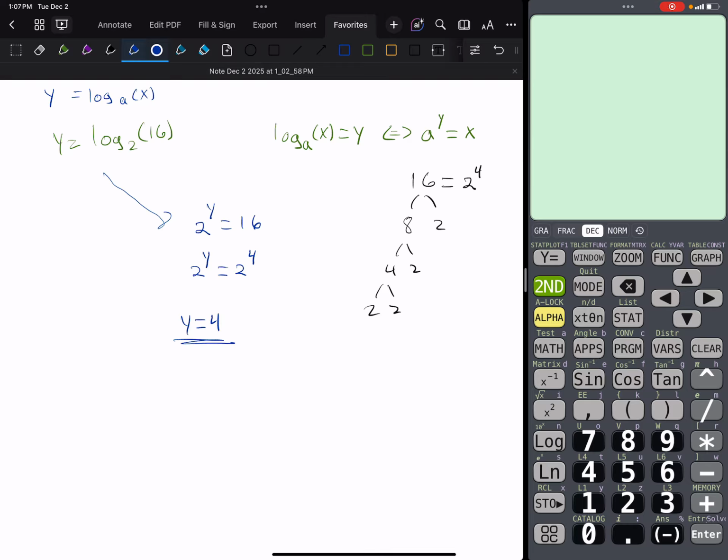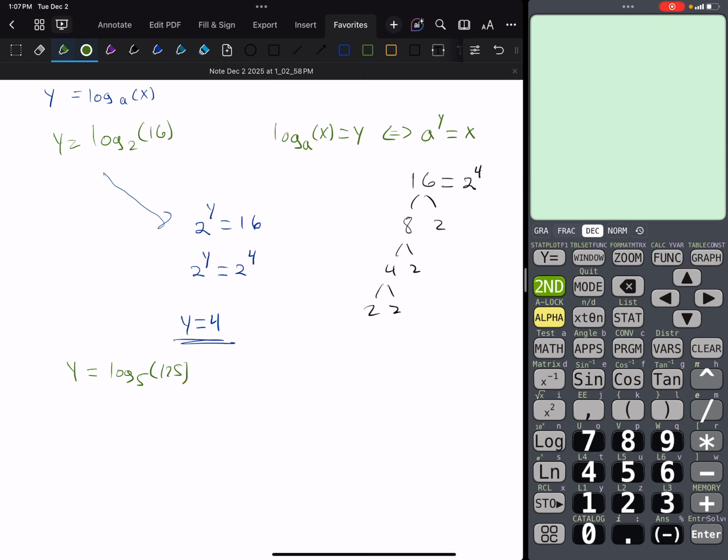Let's see if we can do another one of those, to make that make a little more sense. So instead of y equals log base 2 of 16, let's do y equals log base 5 of 125.